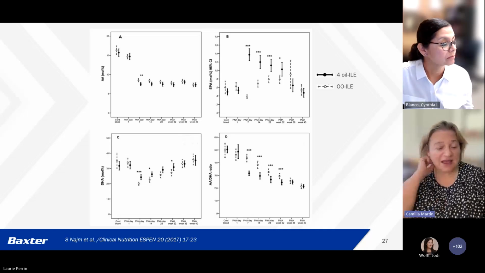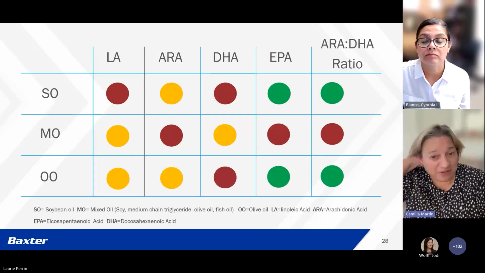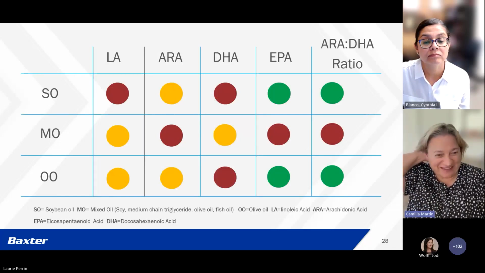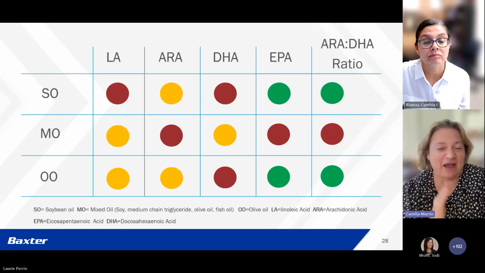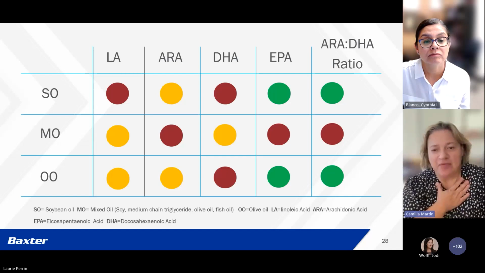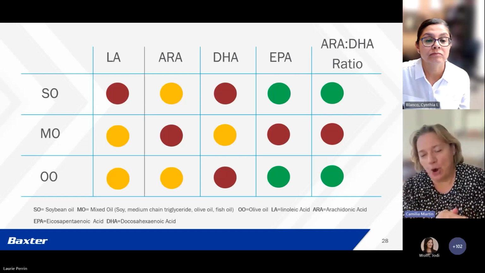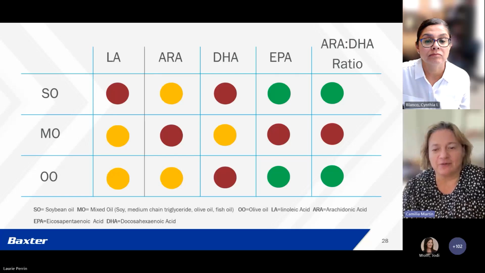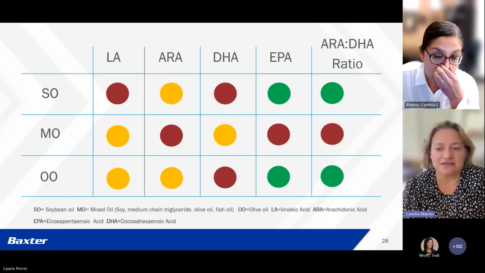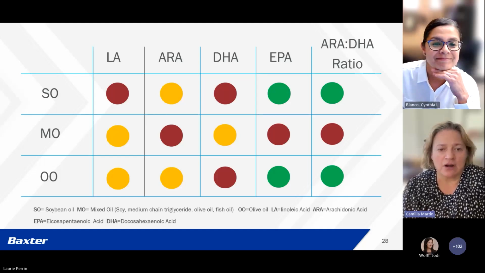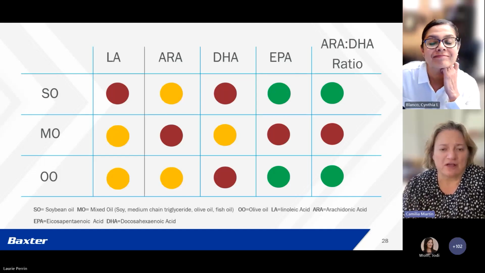I think the next slide is not published. It's kind of how I think about things. My kind of lipid report card, as you can see, there's no perfect grade here where everyone gets a nice green circle, which would be a desired effect. Let me explain this report card. This is relative to birth levels.